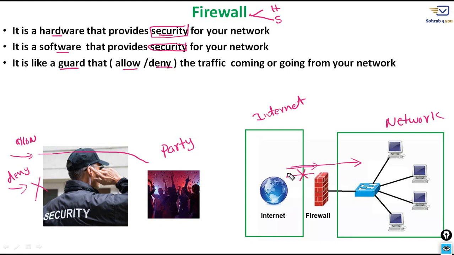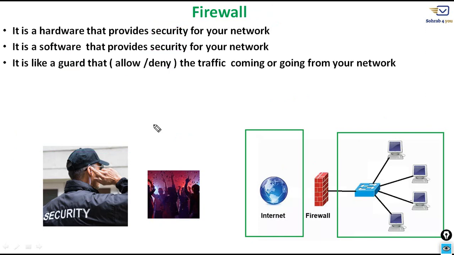This is the main purpose of the firewall. So firewall is software or hardware? It can be hardware, it can be software. It is like a guard that allows or denies the traffic coming or going to the network. So this is about firewall. Let's move to the next.